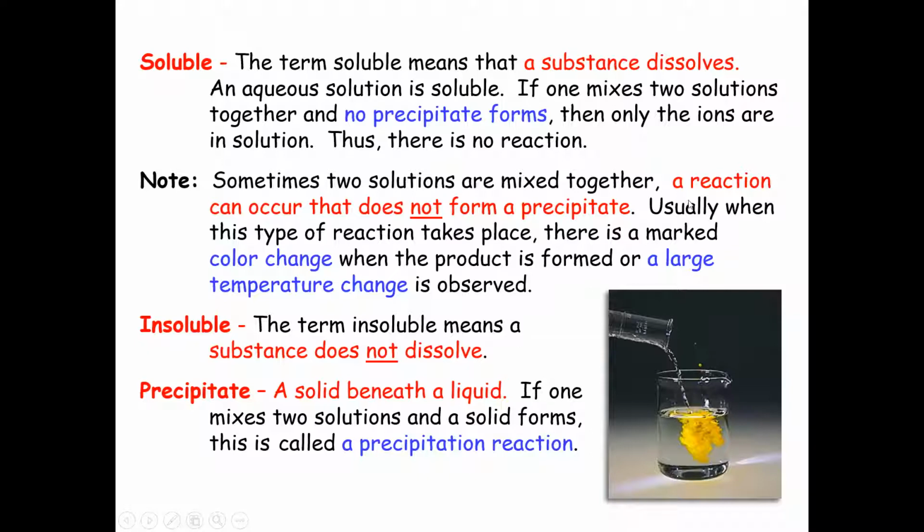That means if two solutions initially had no insoluble particles, and after mixing those two solutions, insoluble particles are observed or the color of the liquid changes, there is some kind of precipitation reaction going on.